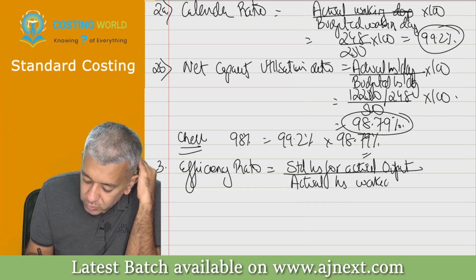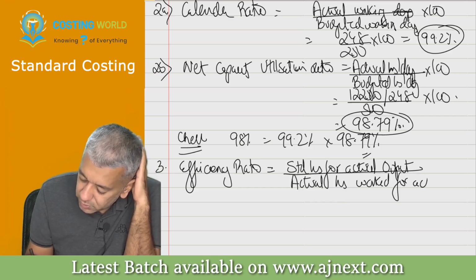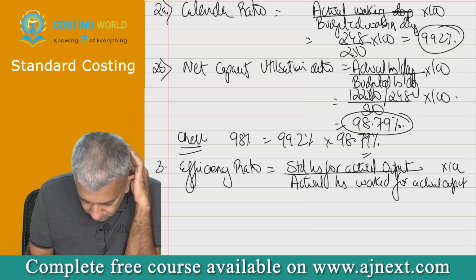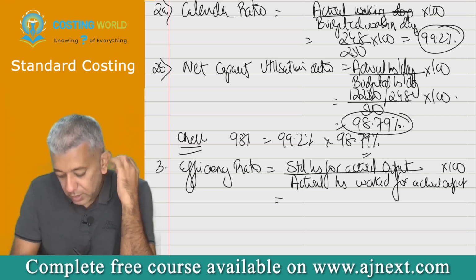Divided by actual hours worked for actual output into 100.